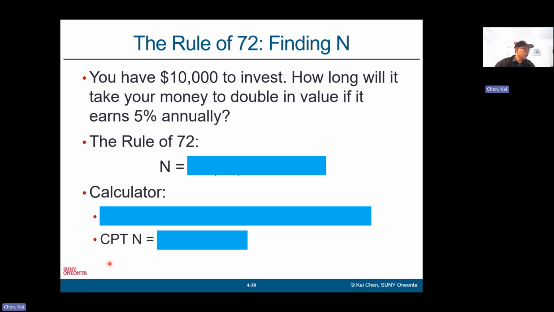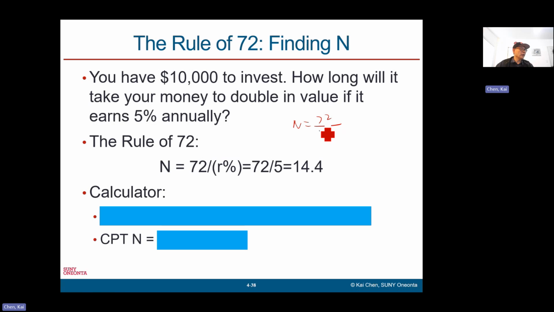If we use the rule of 72, then N equals 72 over R in percent. So that is 72 divided by 5, then we can get 14.4. This is an approximate number. So approximately it takes 14.4 years for your investment to double in value.